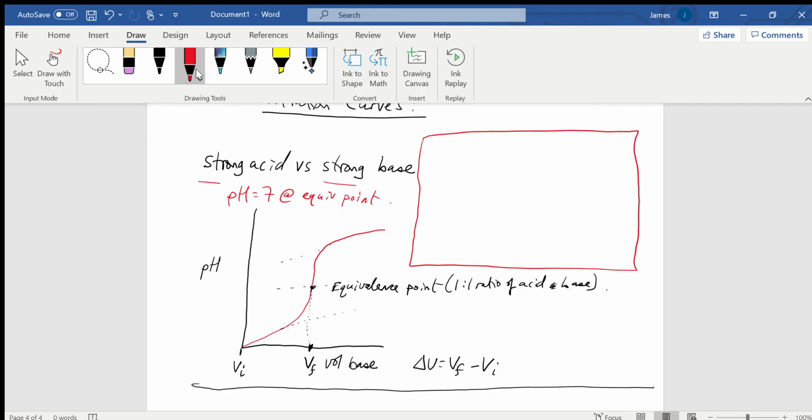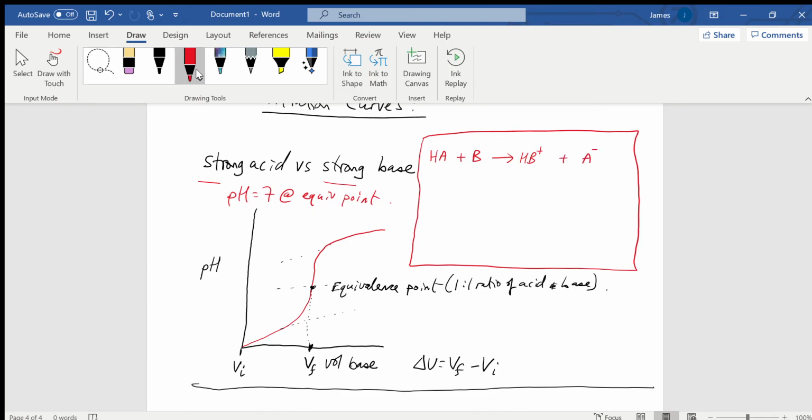Okay. So let's call the acid HA. Let's call the base B. That's going to give HB plus and A minus.